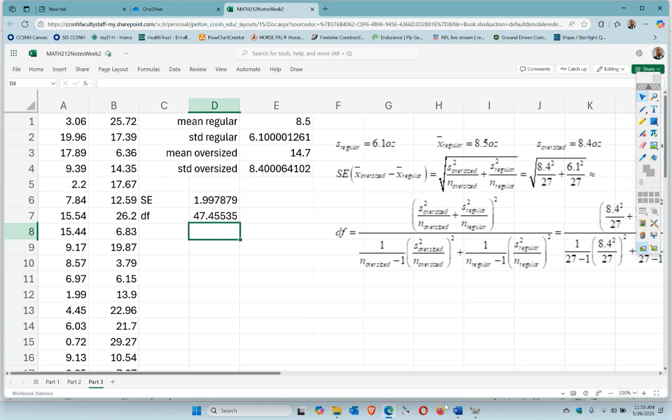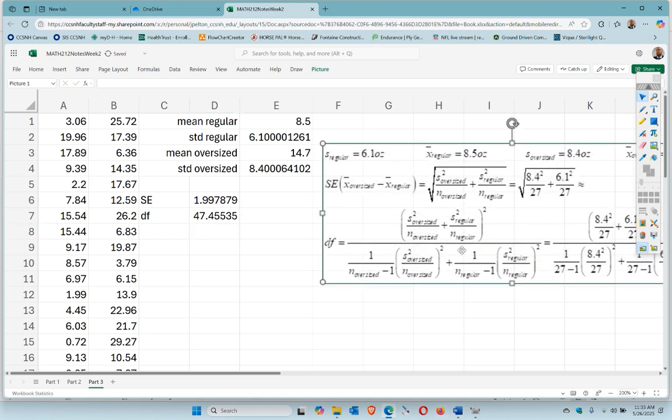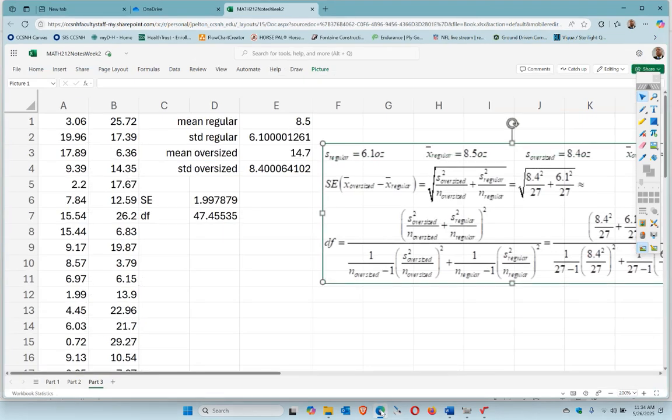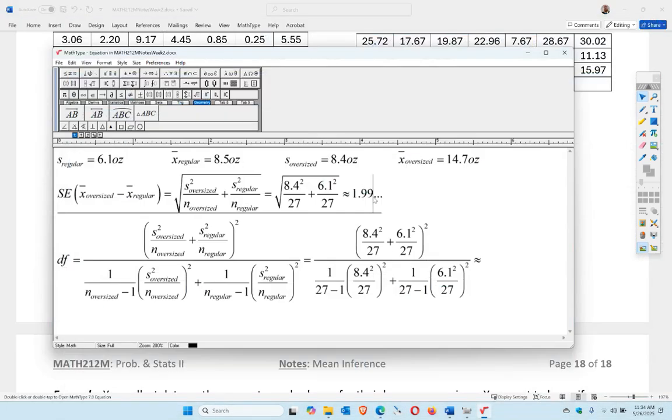All right, so let's go back to here. So we got 1.99 dot dot dot. Wasn't it 1.99? 1.978, I guess. We'll just put a couple more numbers in there. Doesn't really matter. And this is 47.455, I believe.